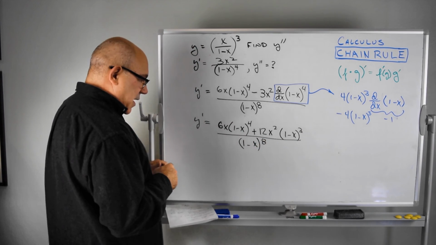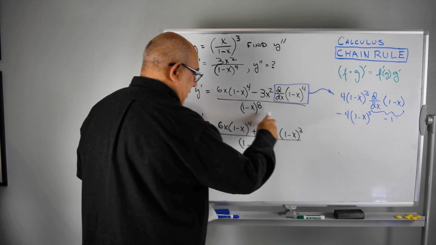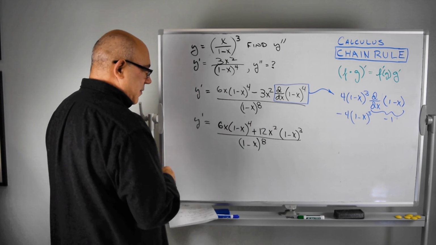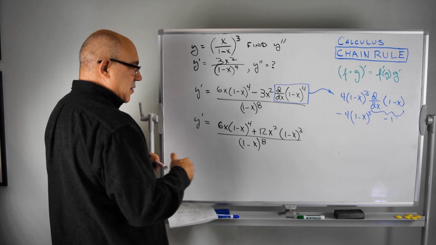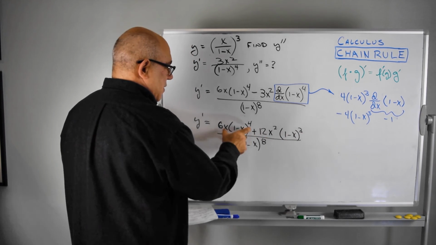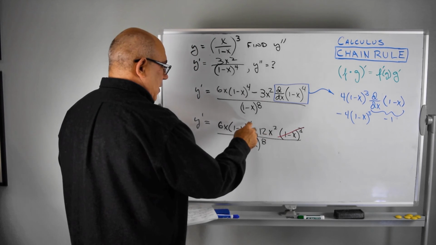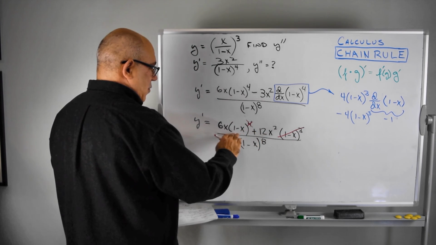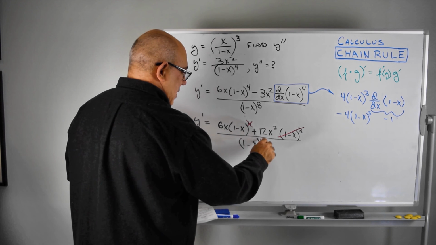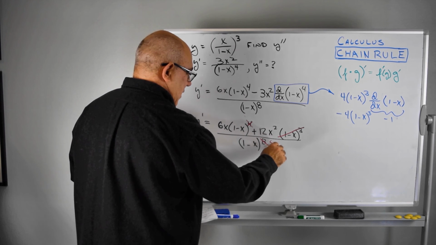Okay? And so now we can simplify the numerator and actually simplify the whole expression, because we see there's a 1 minus x cubed, which is common here. So you can get rid of this. We can make this just 1 minus x, and then we can make this the 5th.